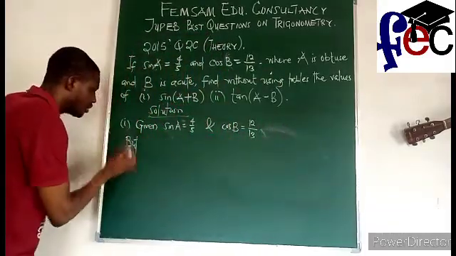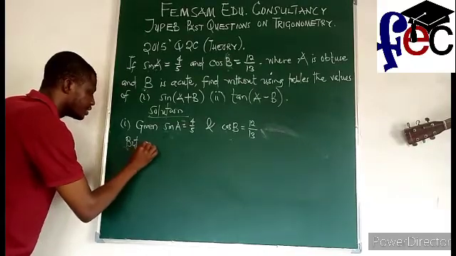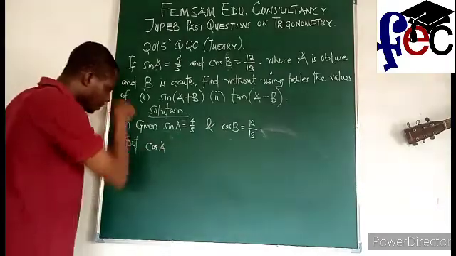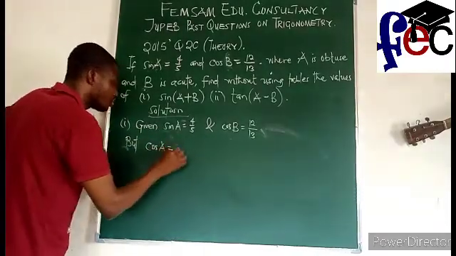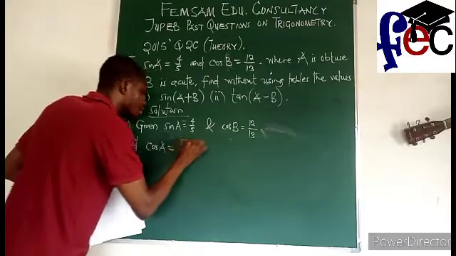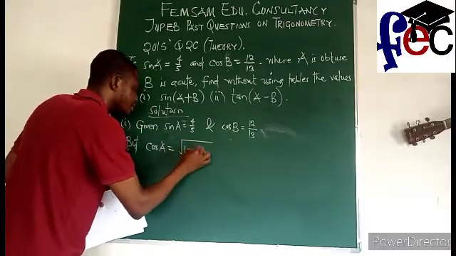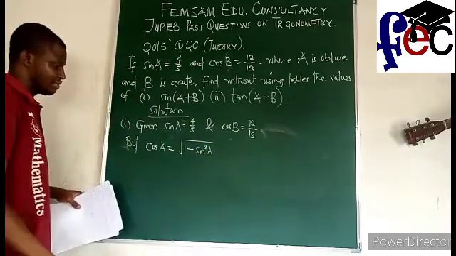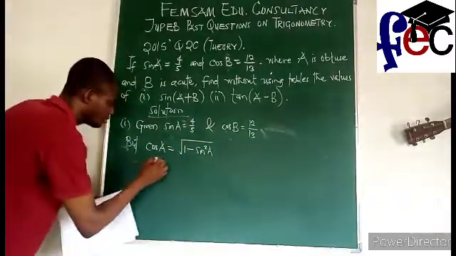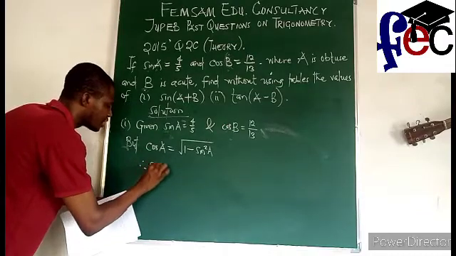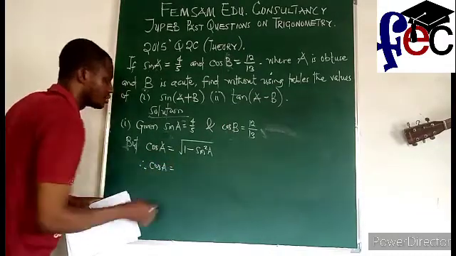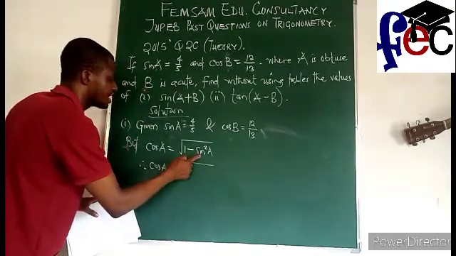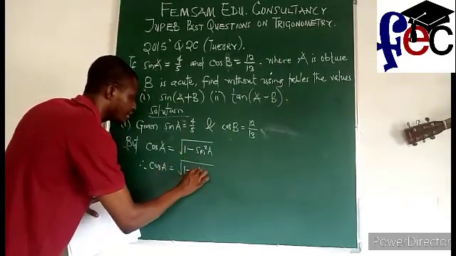So now, cos A will be equal to square root of 1 minus sine square A. I hope you can remember. So now, can we put the value? Therefore, what is my cos A now? So cos A is going to be square root of 1 minus, what's my sine A? 4 over 5.